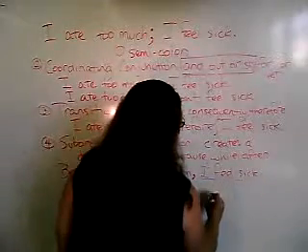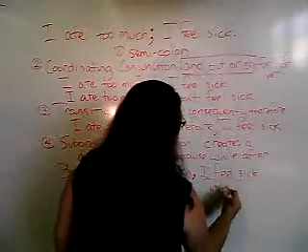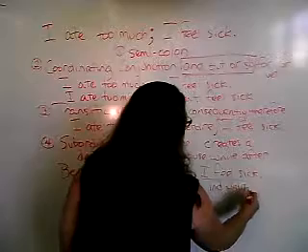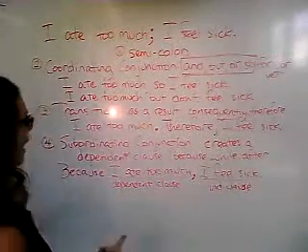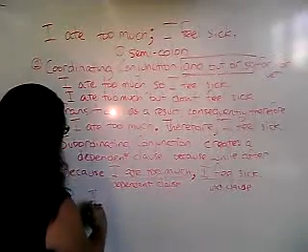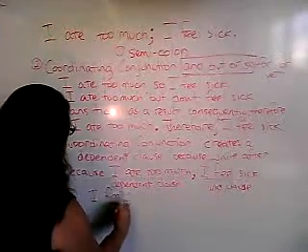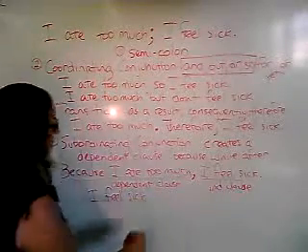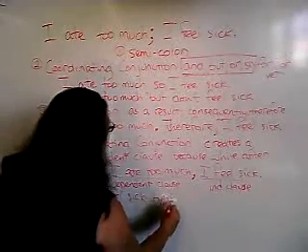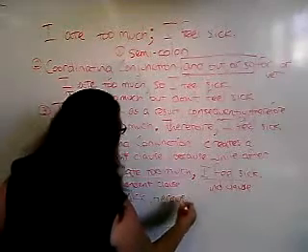Then here's the independent clause. If you change these to the other way around, you say, I feel sick first. So the independent is first and the dependent is second. Then you do not use a comma.